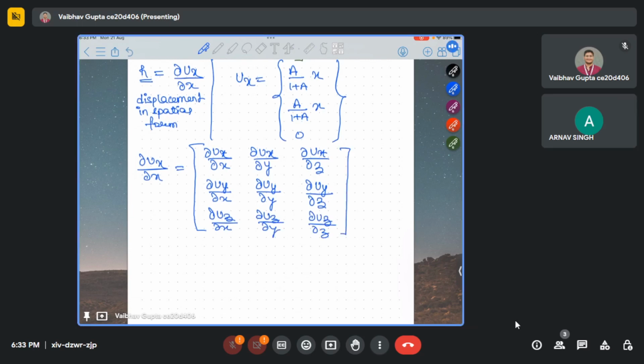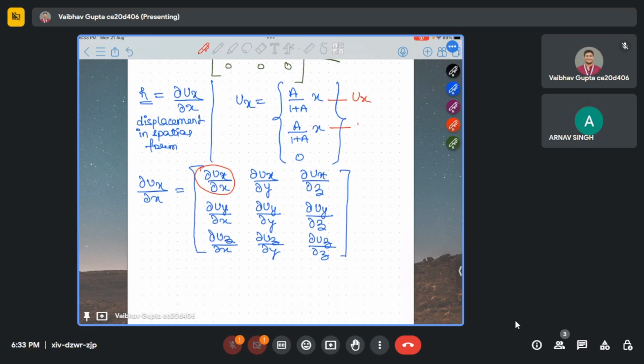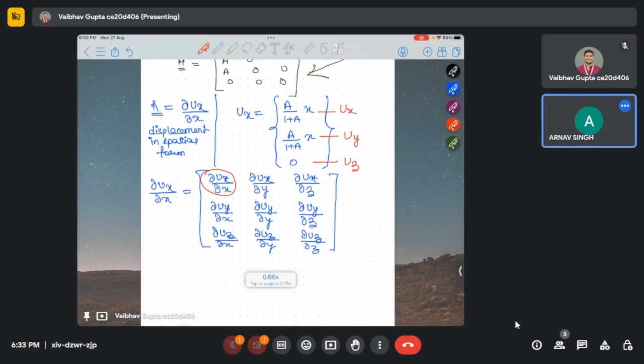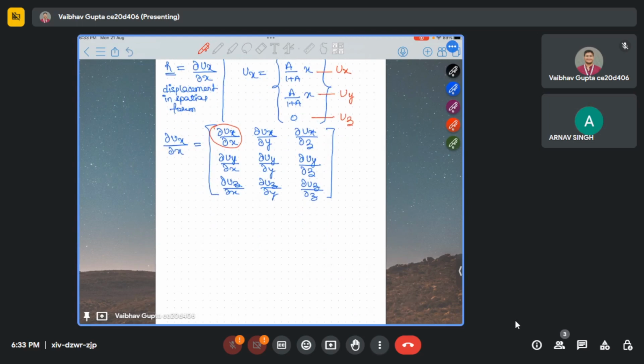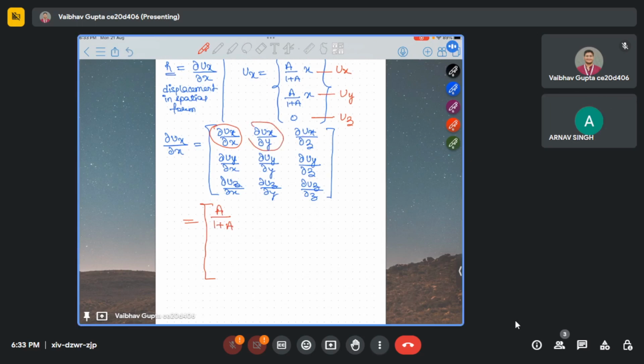So this is the formula. Now we have to find out what this term is. Derivative of small x in the u small x term. What is the answer? A upon 1 plus A. Very good. What is the second term? 0, 0. What is the third term? 0, 0. Correct. What is this term?